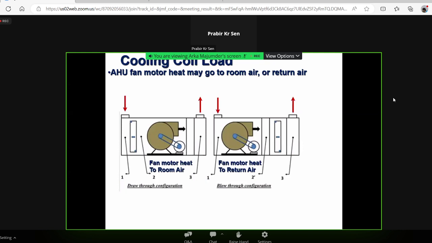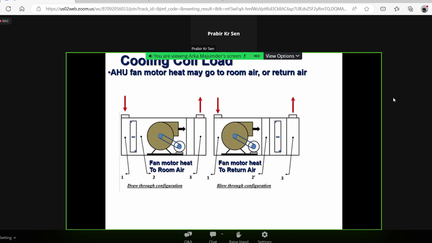Now, for the left air handling unit, first we have the cooling coil, then fan, then outlet. There will be filters, etc., which is not shown. And the second one, you see, we have fan and then cooling coil. Return air, then fan, then cooling coil, then it goes out.